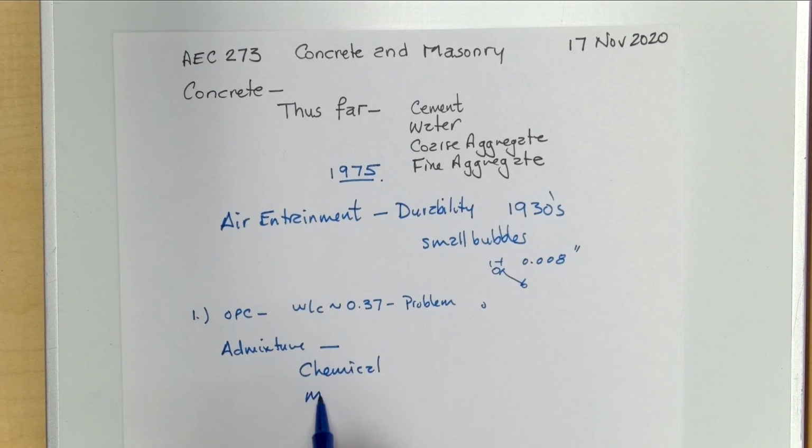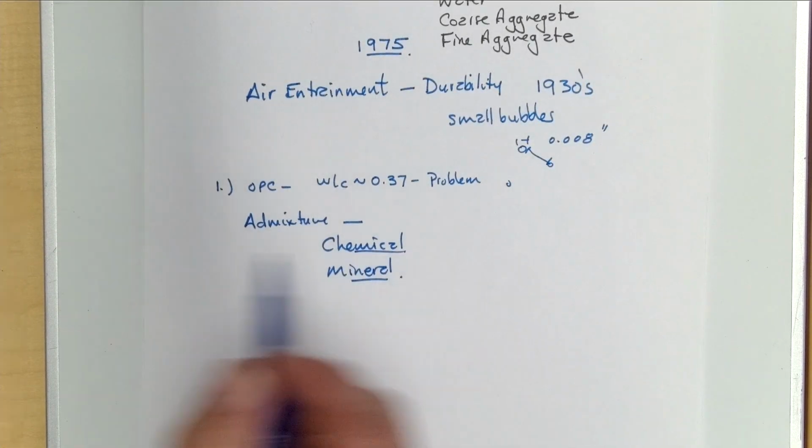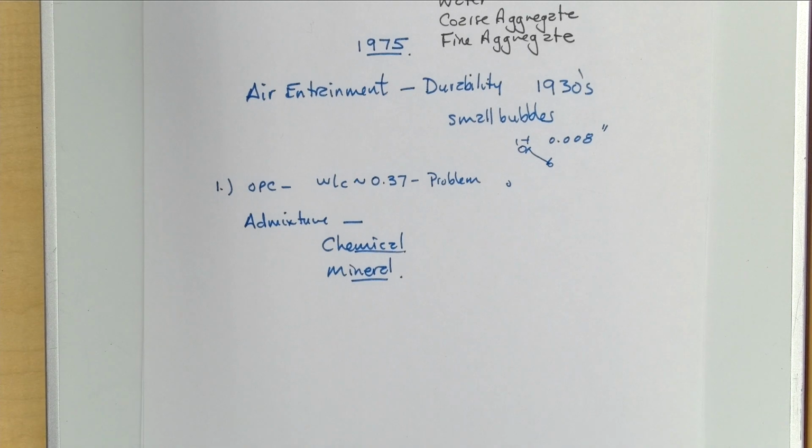And today we're going to talk about what those are, what you need to know about them from a mix design and a concrete performance point of view, and why you generally shouldn't be able to find concrete without a mineral and a chemical admixture in it, except in a museum. Because we can make concretes that would otherwise have been impossible.